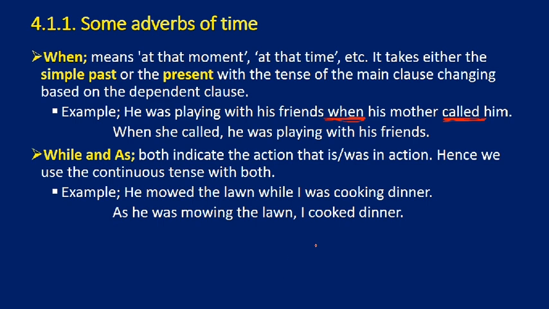We have continuous tense with both while and as. While I was cooking dinner: he mowed the lawn while I was cooking dinner. Mowed is past form, so the main clause is in past tense, so the dependent clause with while is going to be in its past continuous form.